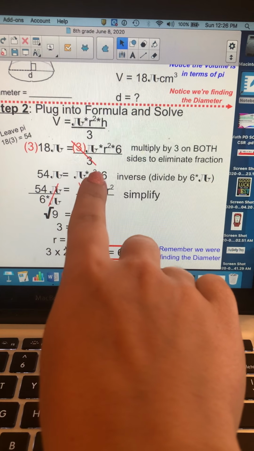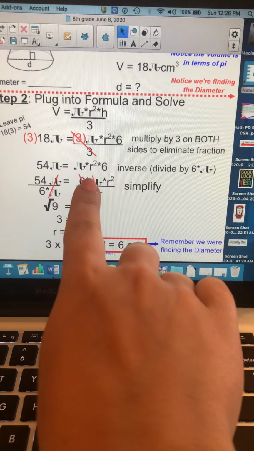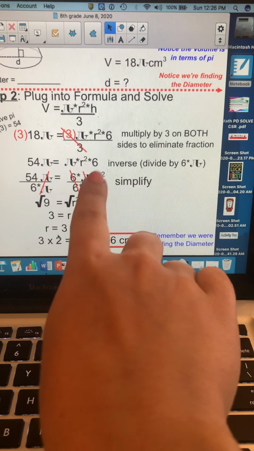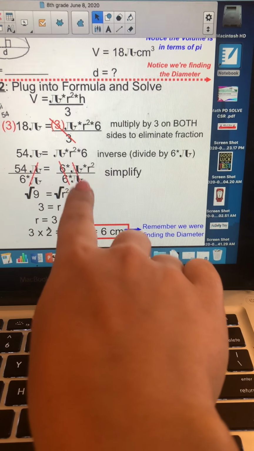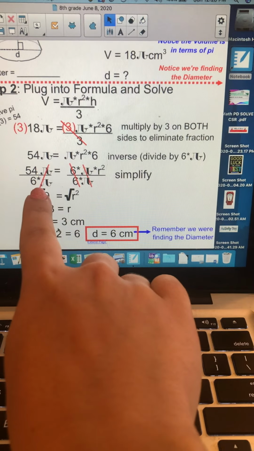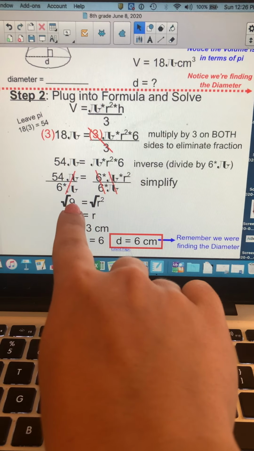Now we're trying to isolate r, so we inverse by dividing by 6 pi. In the lesson, I use the commutative property and rewrite the expression on the right, just so that the numbers line up nicely. When you cancel, you can see it a little clearer. Whatever we do to one side, we do to the other. The pi's would cancel. We'd be left with the quotient of 54 divided by 6, which is 9.